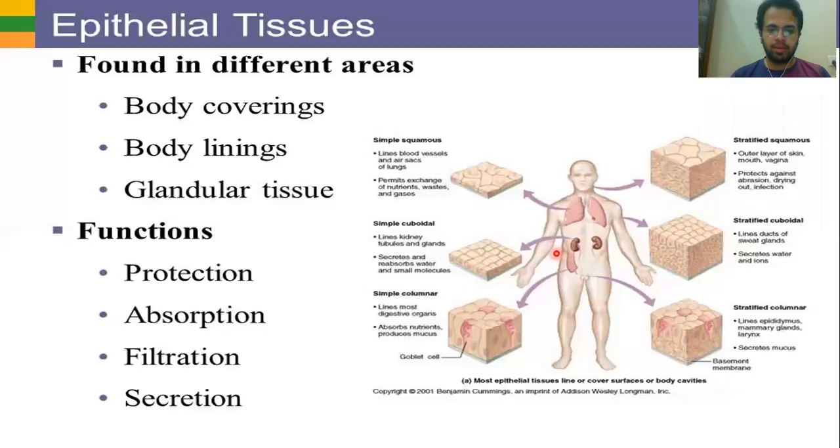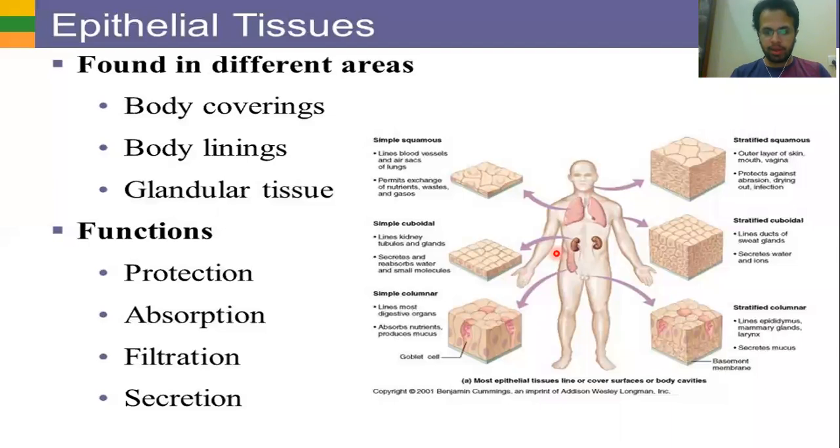And when the food you take has to be absorbed into the blood, that substance of food has to go first to the epithelial cells, then through the epithelial cells, and then into your blood. So the epithelial cells are doing the function of absorption.